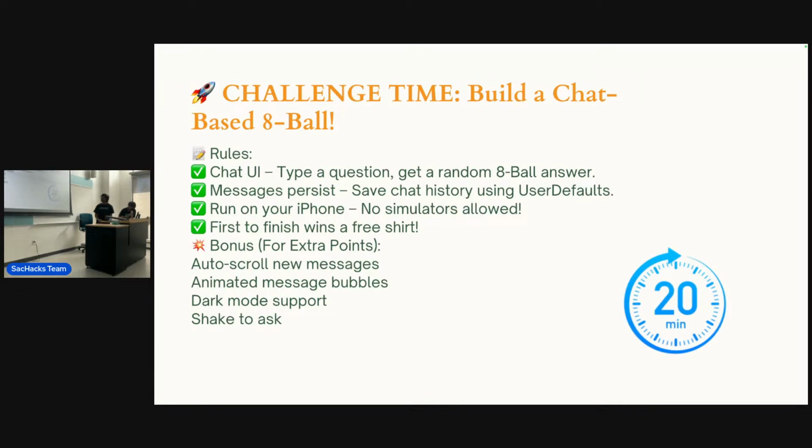Once you start the project, get the content view, put it on ChatGPT, ask it to create a chat UI, and then it should give 8-ball responses. So there's no AI answers, just 8-ball random responses. And use UserDefaults to save the messages on your phone. So whenever you exit and enter the app again, all the chat messages are saved, and you can directly run it on your phone.